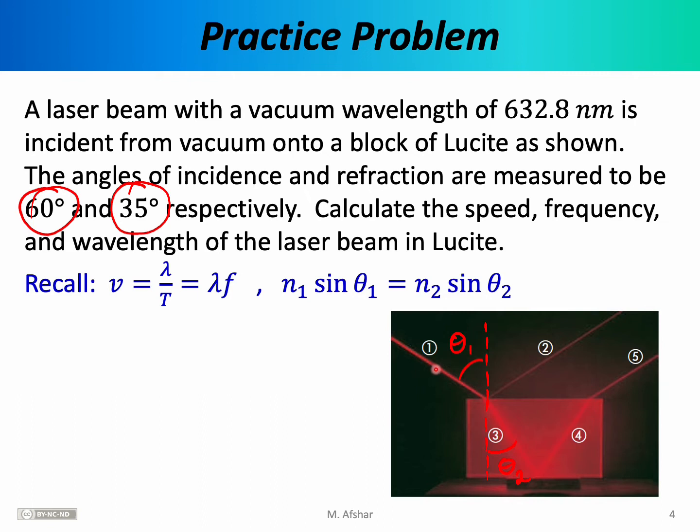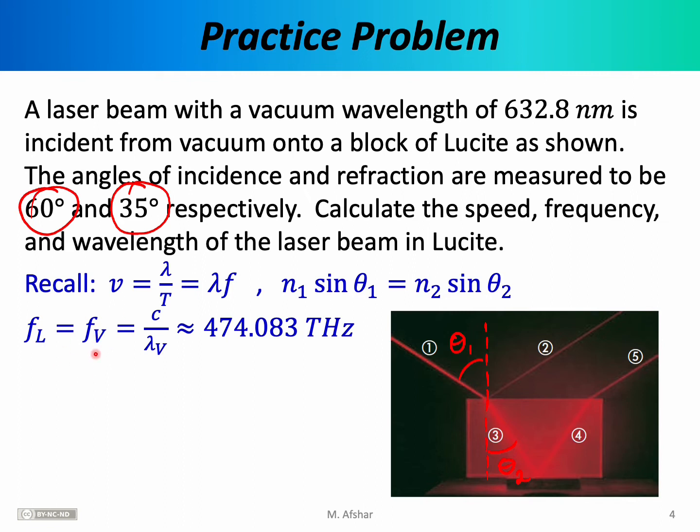Now we know that electromagnetic waves will change their speed as they enter a second medium, and they will also change their direction of propagation, but the frequency does not change. We can express that by saying that the frequency in lucite is equal to the frequency in vacuum.